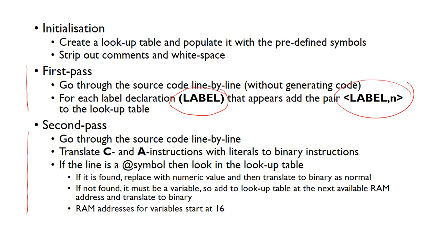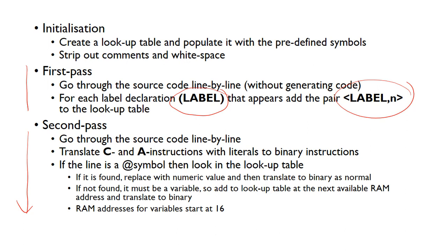Then on the second pass, we now go through the code line by line. All the C and A instructions with literals, we just convert them to binary instructions using the binary instruction format.